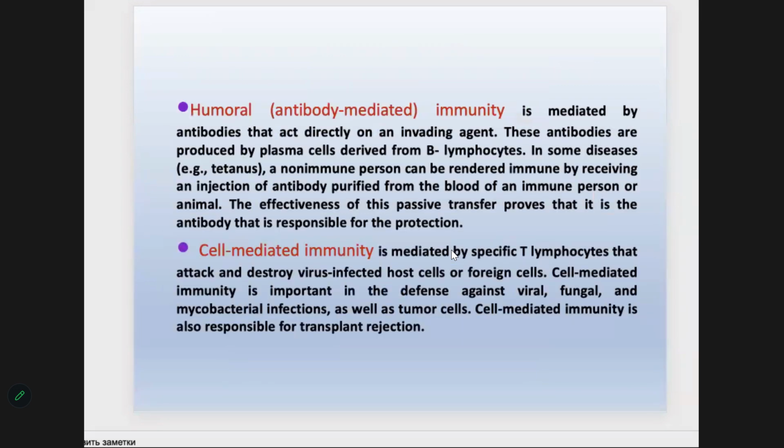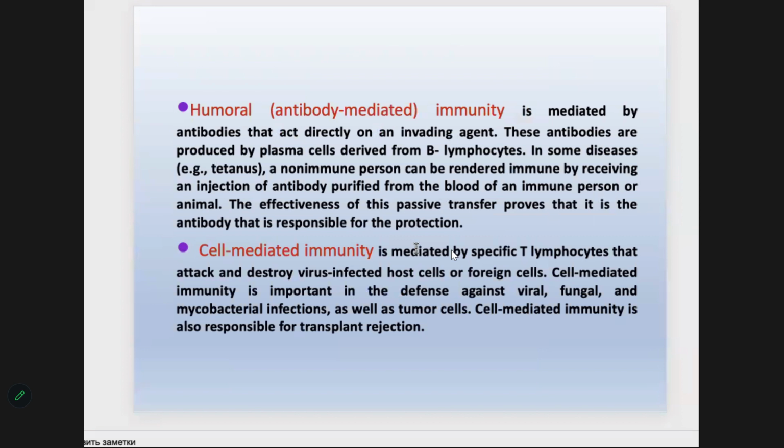And this slide shows the characteristics of humoral immunity and cell-mediated immunity. I repeat because it's difficult. Humoral immunity is mediated by the antibodies, or immunoglobulins, that act directly on antigens. These antibodies are produced by plasma cells derived from B lymphocytes.